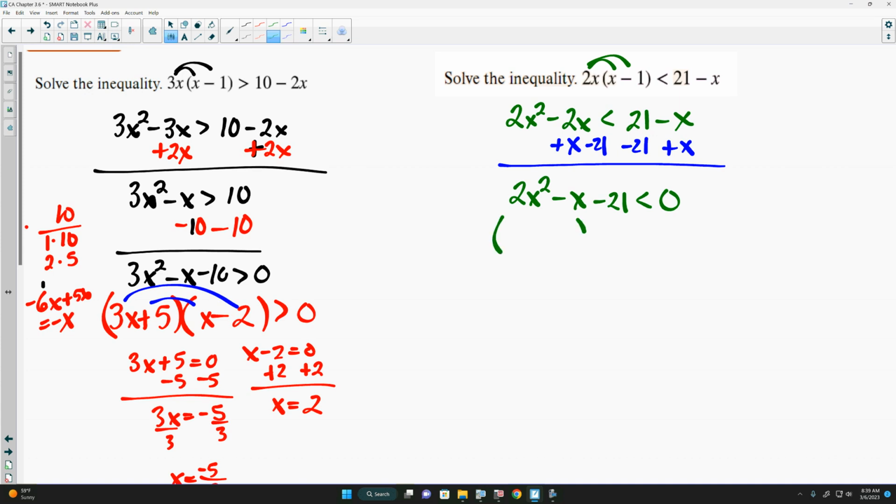So if we factored this, since the 21's negative, our signs are opposite. Factors of x squared are x and x. Then we're going to have 2 and 1, yes? But we know x is equal to -3. So one of our factors is x plus 3, yes?